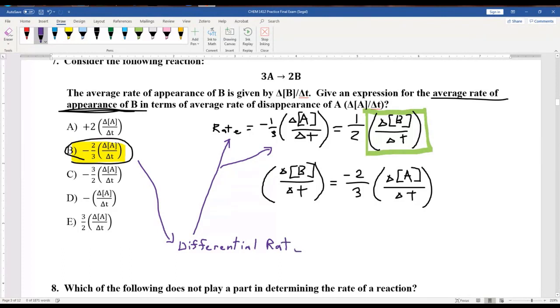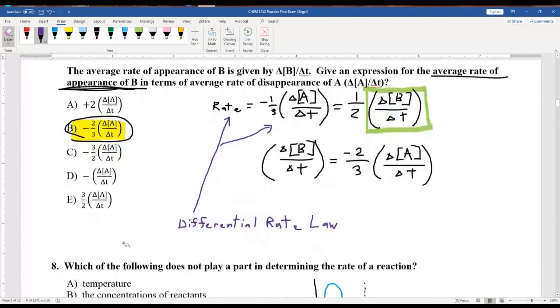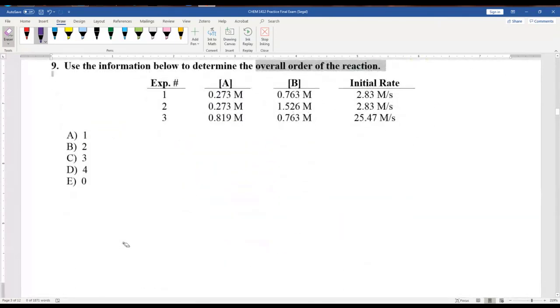So differential rate law as opposed to the integrated rate law. We'll talk about the integrated rate law shortly. But as opposed to those, there's what we more standardly think of when we have rate laws.